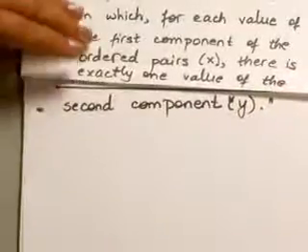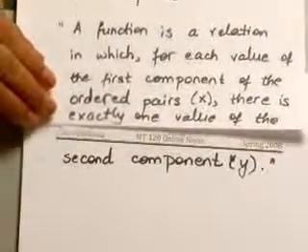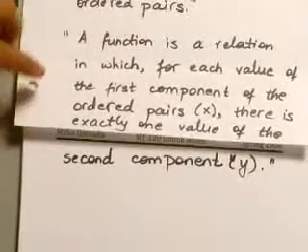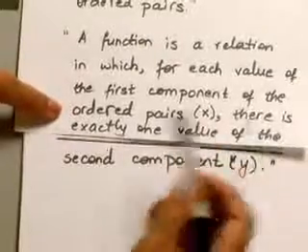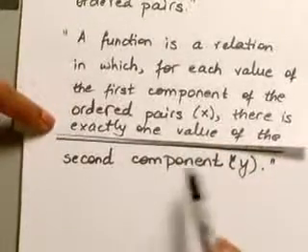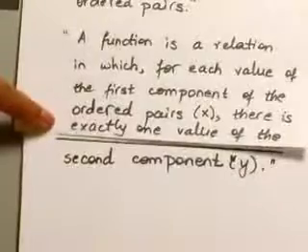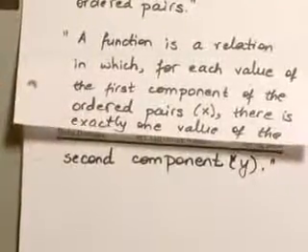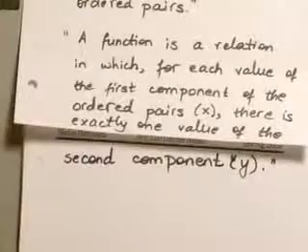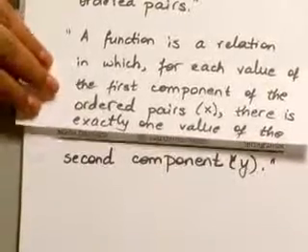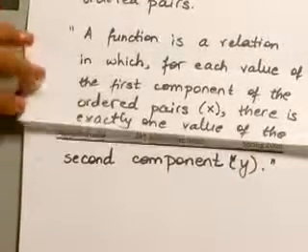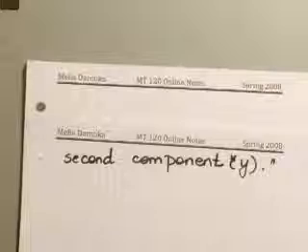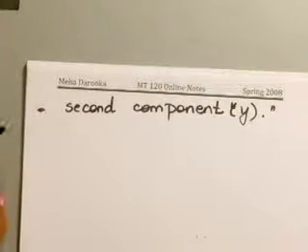All right, we are saying by definition that a function is a relation in which for each value of the first component of the ordered pair, that is your x value, there is exactly one value of the second component, that's your y. So for a relation to be a function, you have to satisfy the special requirement here. For each value of the first component, you should have exactly one value of the second component, or your y component.